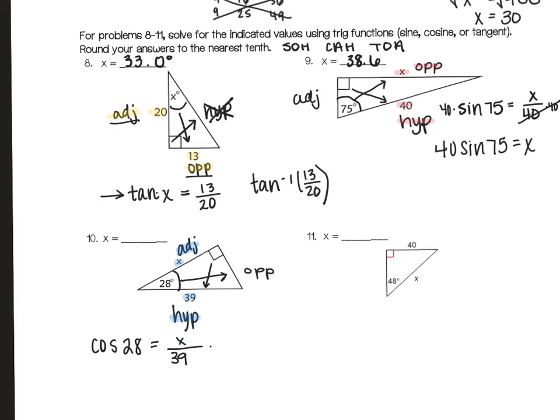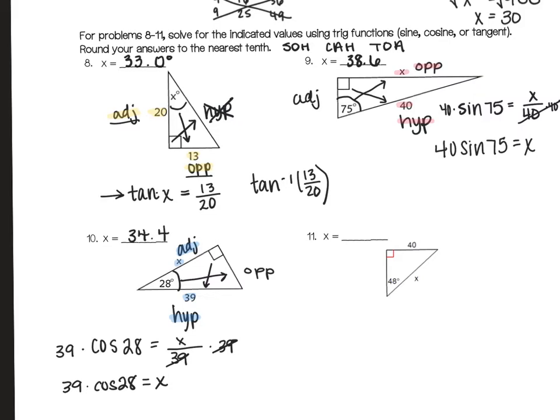If I have x divided by 39, I want to solve for x, I would multiply by 39 on both sides. 39s cancel out, so I have 39 times cosine 28 equals x, and you just type that into your calculator, which is 34.4.